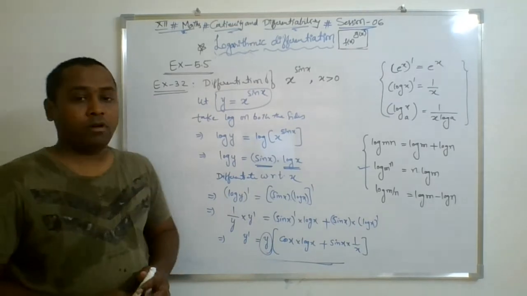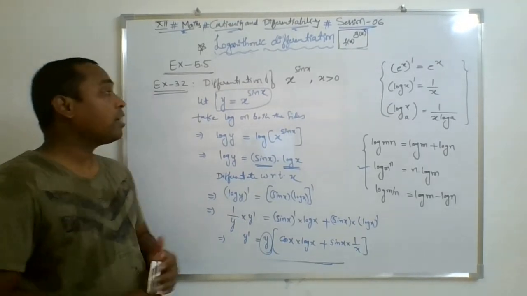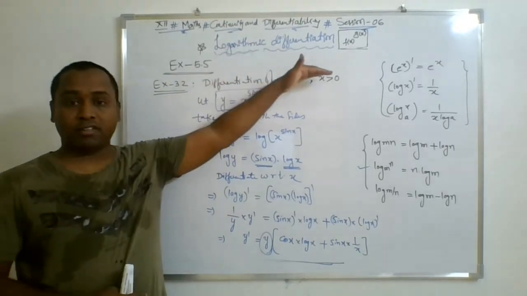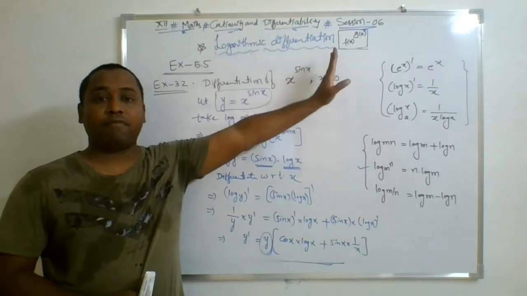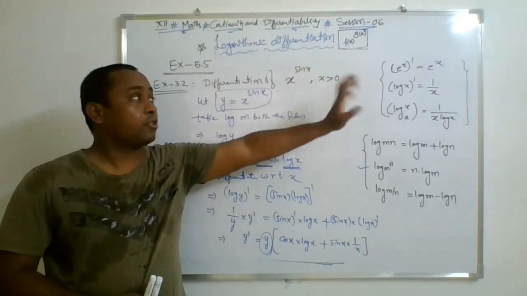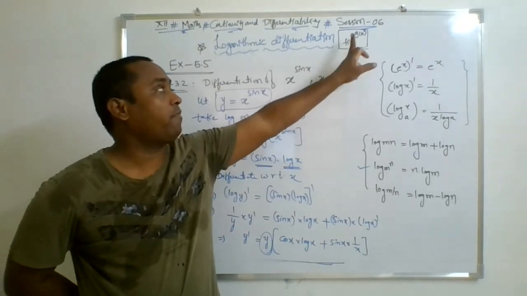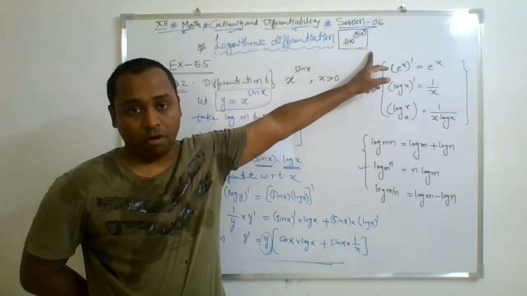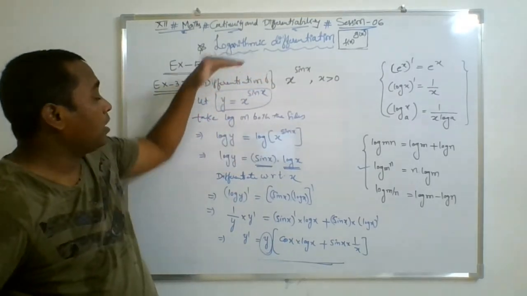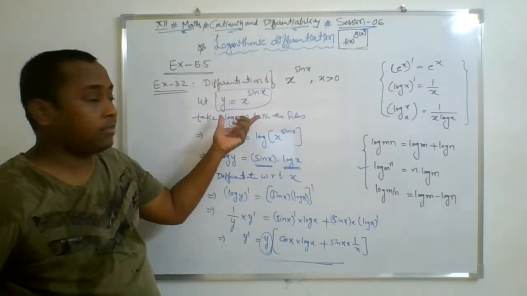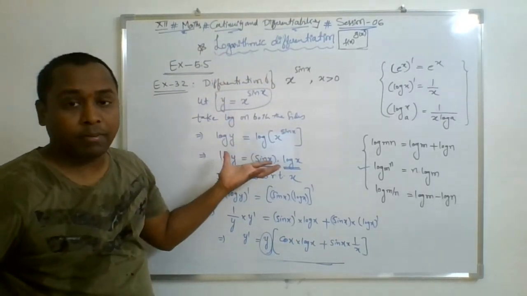Now you have 100% understood what is meant by logarithmic differentiation and where it is applicable. It is applicable only where the function is in the form of f of x to the power of g of x. What is meant by applying logarithmic differentiation?